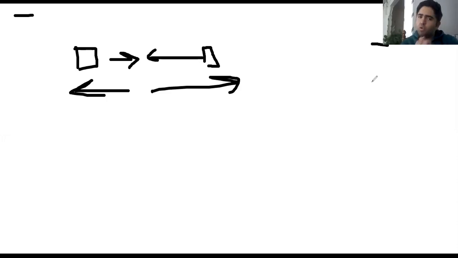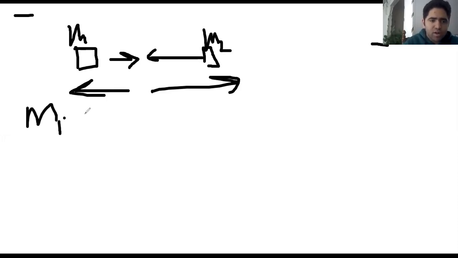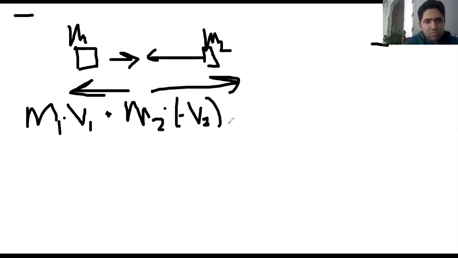The object is moving here in the positive direction. So we'll call this M1 and this M2. So M1 times V1 plus M2 times negative V2, it will be a negative value.